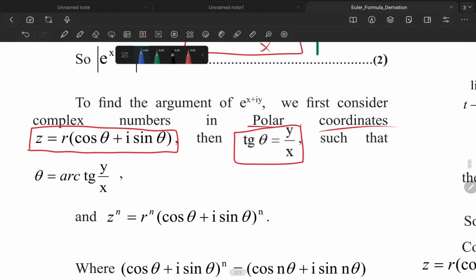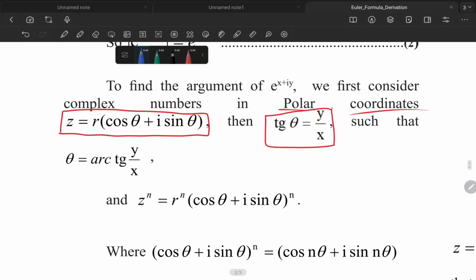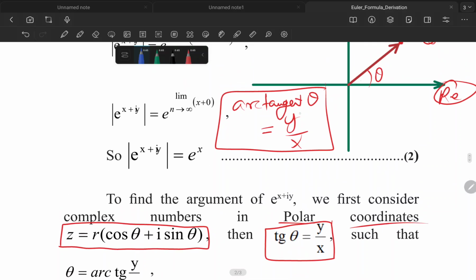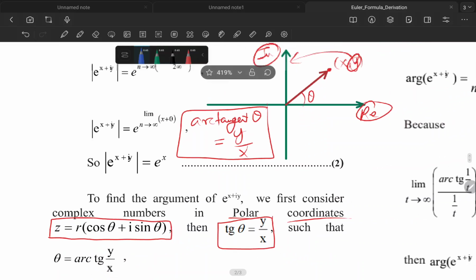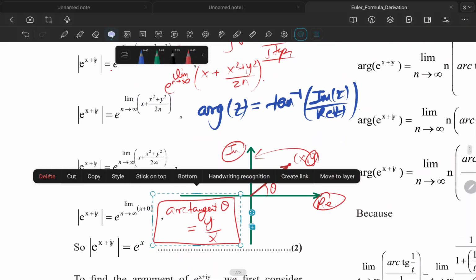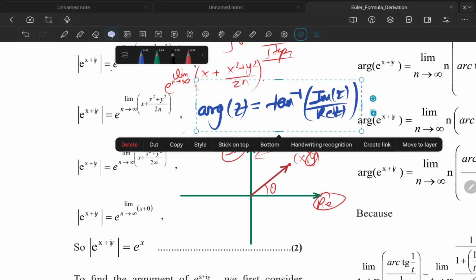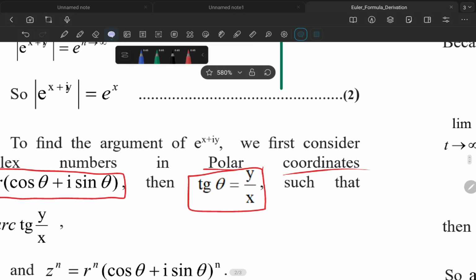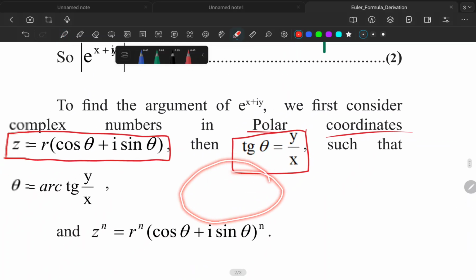Okay, so the theta, it's arc tangent. Well, I'm making some mistake. Let me not teach you by myself, because I'm making mixed-up mistakes. So the tangent of theta is y over x.